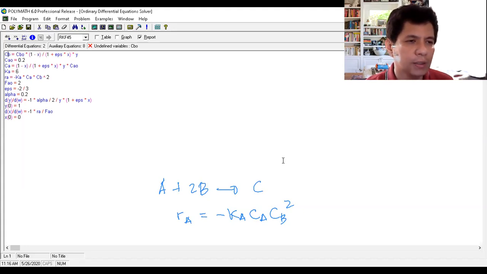And since the reactants are present in stoichiometric ratio, CBO would be equal to 0.4.